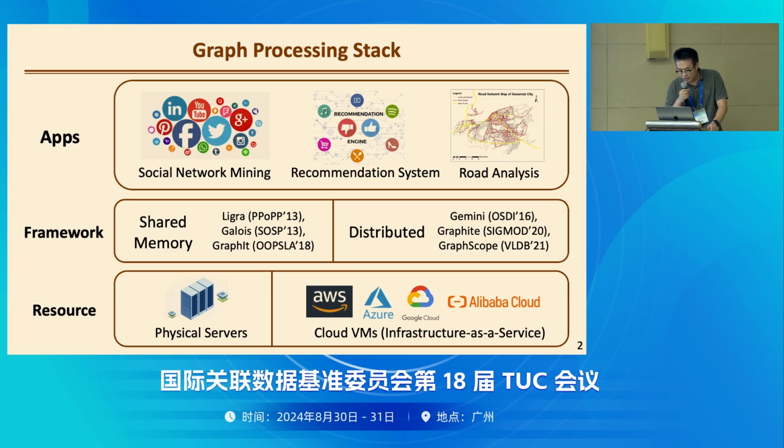To meet the specific demands of these tasks, researchers have created targeted frameworks designed to handle large graphs efficiently in both shared memory and distributed environments. When deploying these frameworks, users have the option to purchase physical servers or allocate cloud-based virtual machines through the infrastructure as a service platform. This is called IaaS.